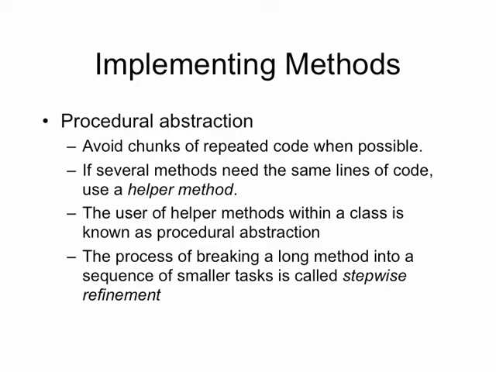The process of breaking a large method into a sequence of smaller tasks is known as stepwise refinement. So if you have a large process, like I have to prepare for the AP exam, breaking it into smaller tasks, like reading the Barron's book, doing the multiple choice problems, doing the CodingBat, those are smaller tasks to lead you to the overall goal of studying for the AP exam.